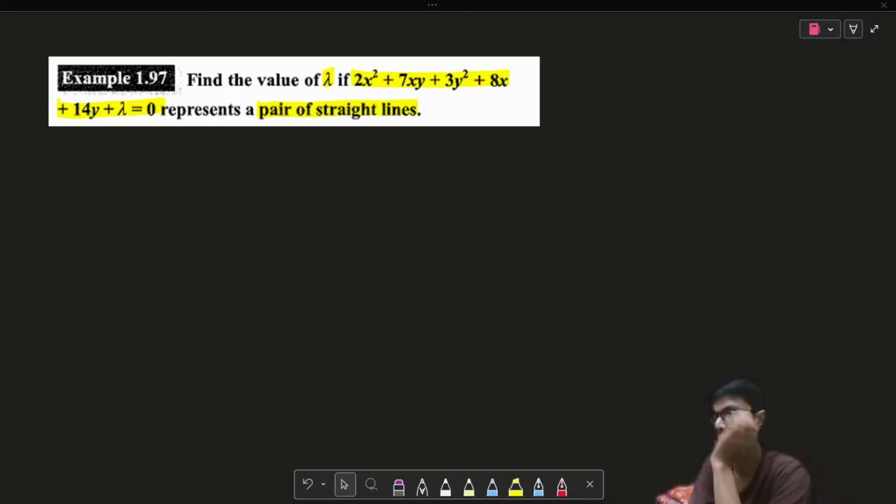Just solve this problem and let me know whatever answer you're getting. What is the answer you're getting?